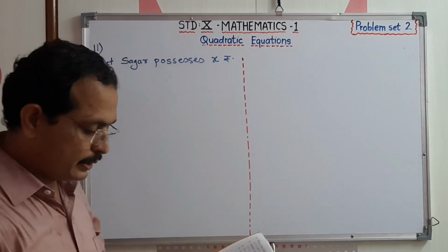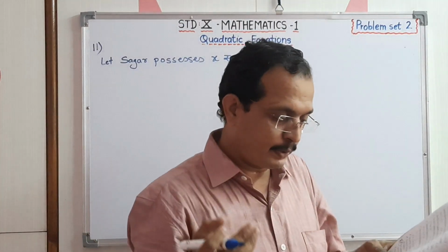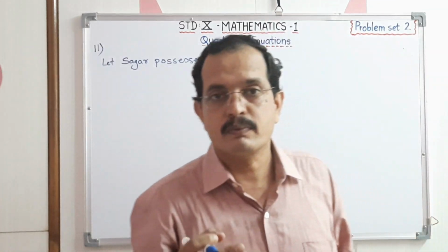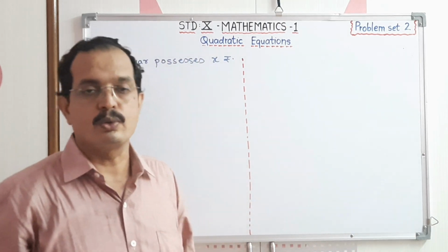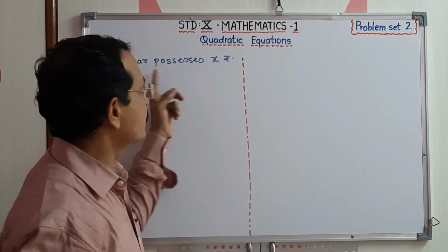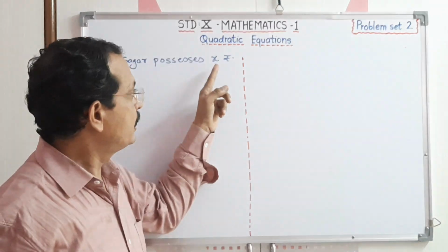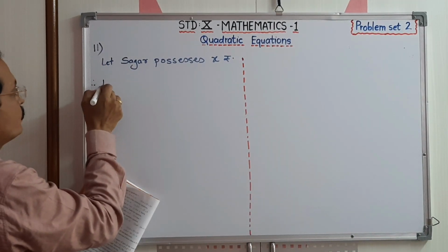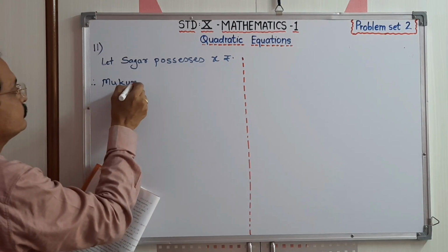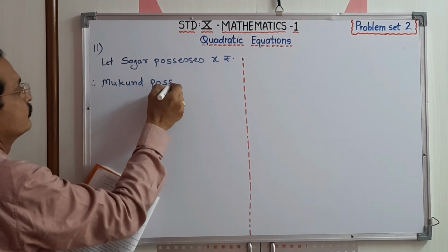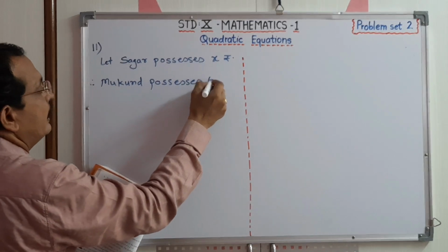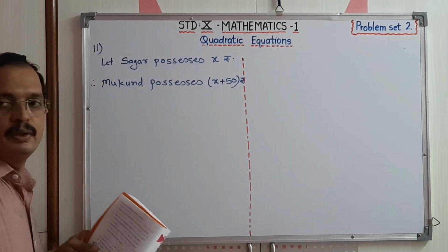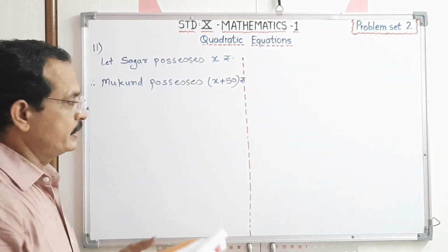First of all, we have to know the amount that Sagar purchases, that is x, and therefore Mukund purchases x plus 50 rupees.